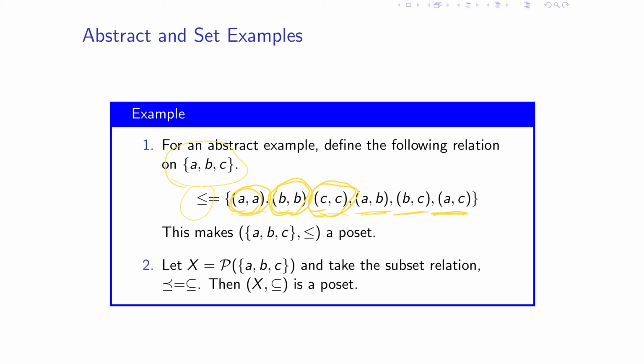So for instance, you do not observe (B, A), because if you did, these two together would have to imply that A equals B. But certainly, given how we are talking about this, we are assuming that A is not equal to B. So as soon as you put (A, B) in, you cannot also put (B, A) in.